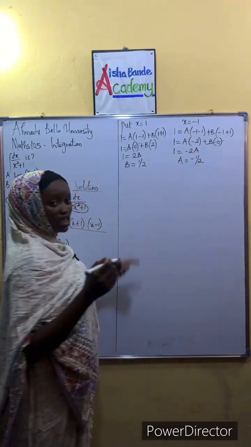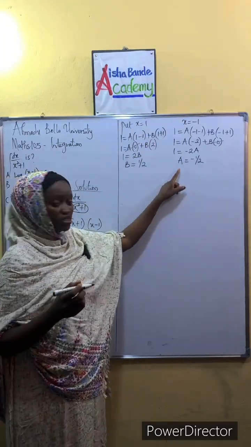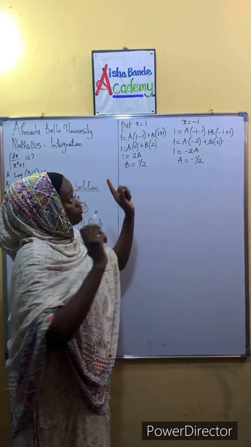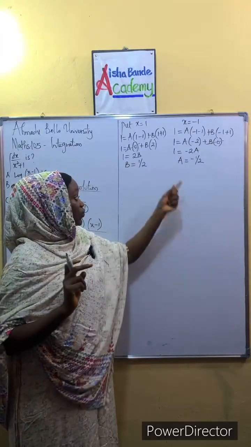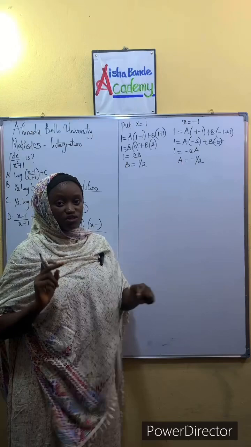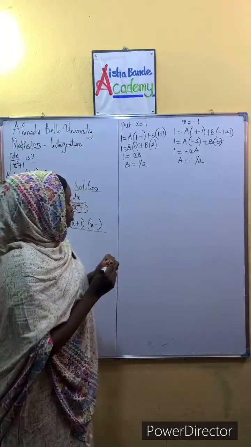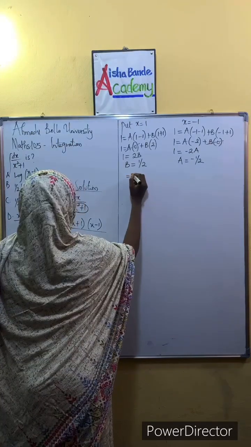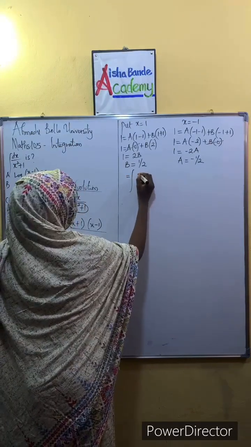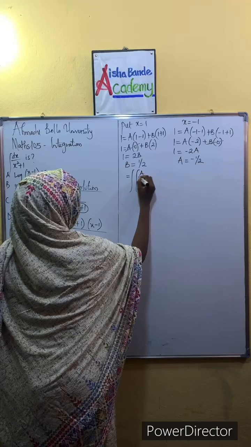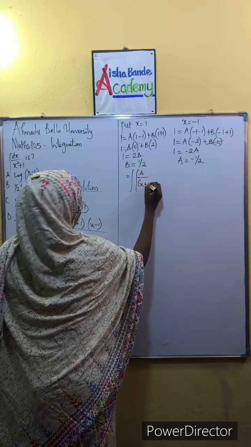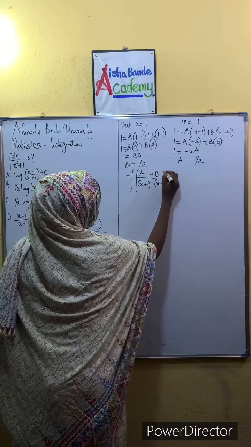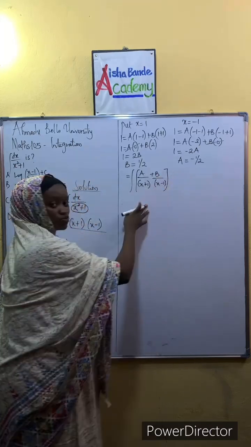So when we substitute x equals minus 1, we get the value of a is equal to minus 1 over 2. Let's continue from here. Now we have the values for a and b. So let's substitute in the answers we have here.